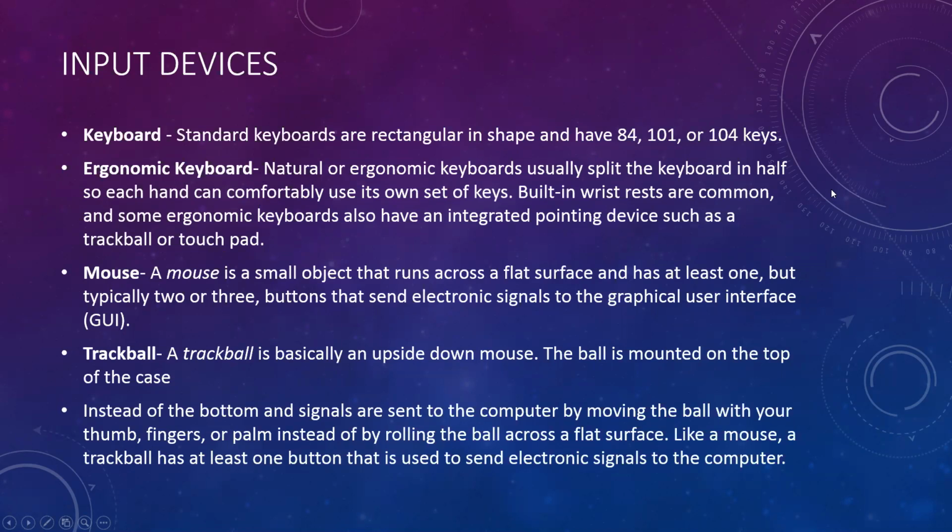Natural ergonomic keyboard usually splits the keyboard in half so each half comfortably uses its own set of keys. So built-in wrist rests are common, and some ergonomic keyboards also have an integrated pointing device such as a trackball or touchpad. Yan yung all-in-one. May trackball na kasama.